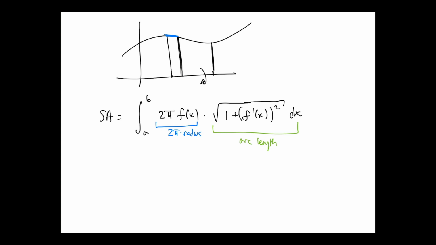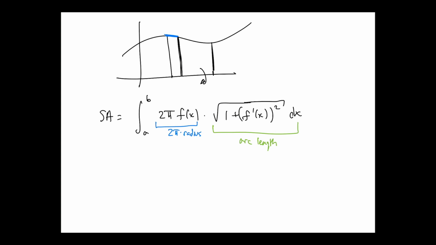Yes, but my slice here, I've drawn it really thick. The whole point of integral calculus is that it's infinitesimally wide, and so those two circumferences really become the same thing.